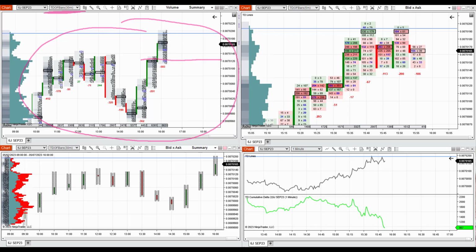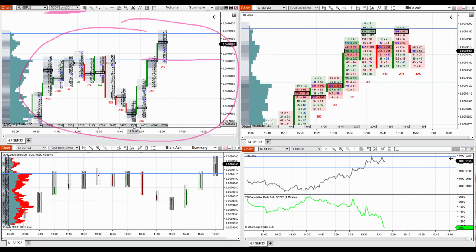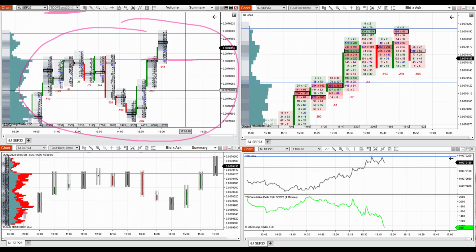I'll print a line there. This will be the take profit. I'll just print it on all the charts so you can see it better. Take profit is in here because we have heavy volume zone here, right? This heavy volume zone could prove a support, and that's why I want to quit the trade in here.